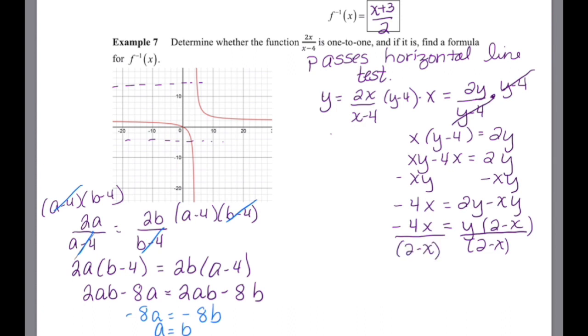And now we've gotten our y value by itself since these are eliminated. So our inverse function is negative 4x over 2 minus x.